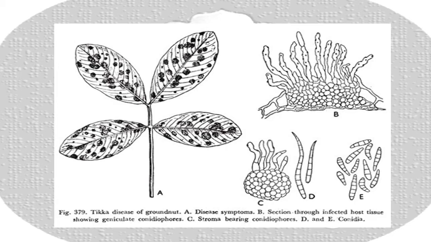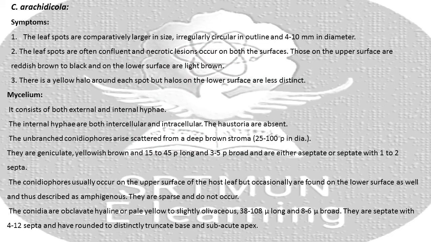Now, next, Cercospora arachidicola. Symptoms. First, the leaf spots are comparatively large in size, irregularly circular in outline and 4 to 10 mm in diameter.